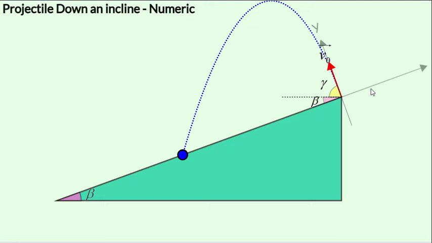For this to happen, since both the projectile and the ball start together and then they meet, they would have covered exactly the same x displacement during the time of flight of the projectile. And remember here that the x-axis is not the horizontal axis, but the one along the plane of the incline.